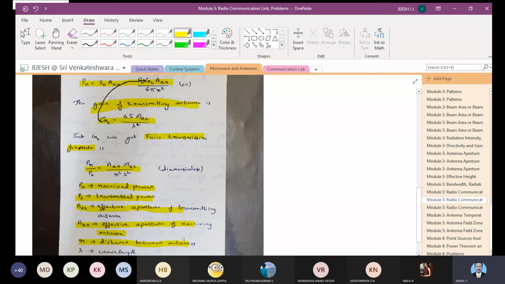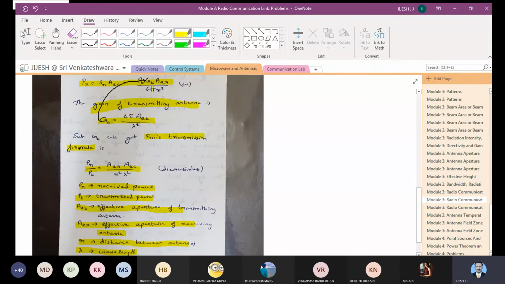So PR divided by PT. You know the equation for GT, so substitute the equation for GT in the above equation, that is PT GT into AER divided by 4 pi R square. When you substitute, 4 pi gets cancelled.